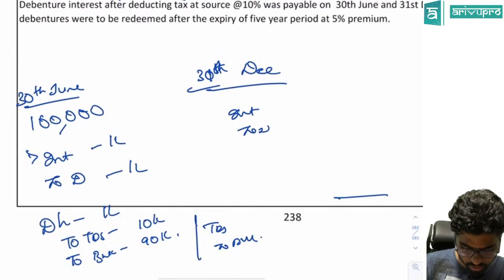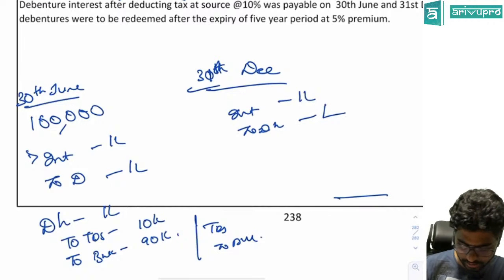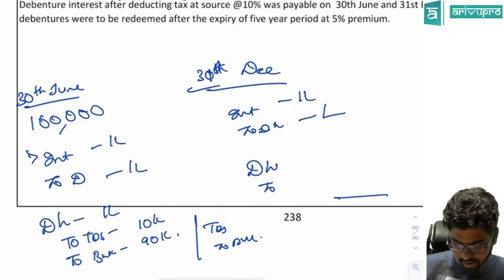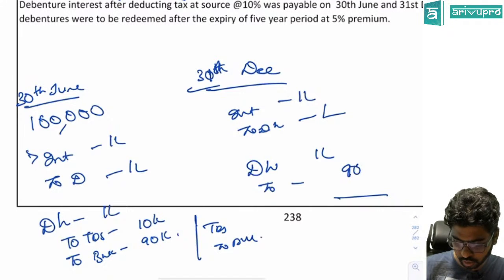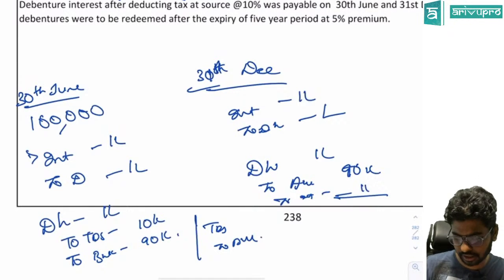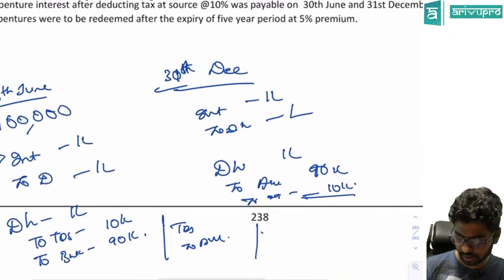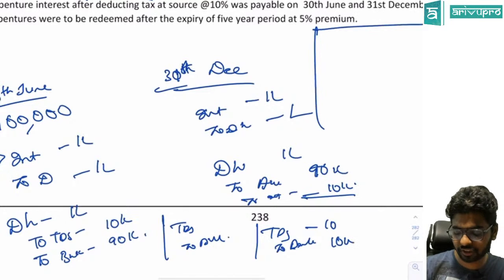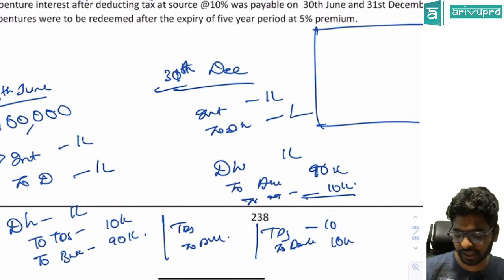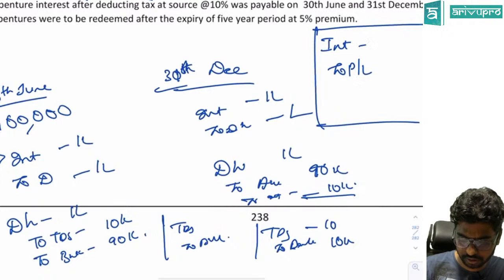Interest to debenture holders 1 lakh, 1 lakh. Debenture holders 1 lakh, to bank 90,000, to TDS 10,000, then TDS to bank 10,000. At the end of the year you'll be transferring interest to the P&L account.